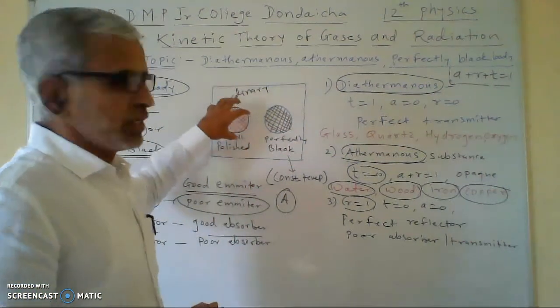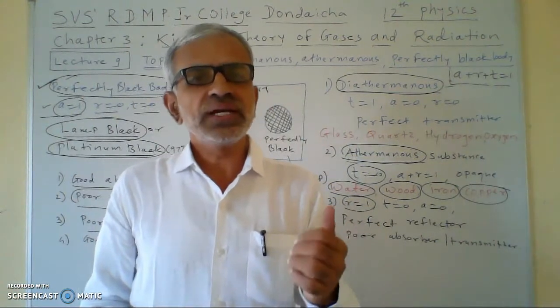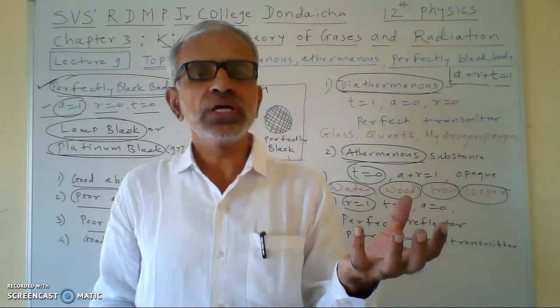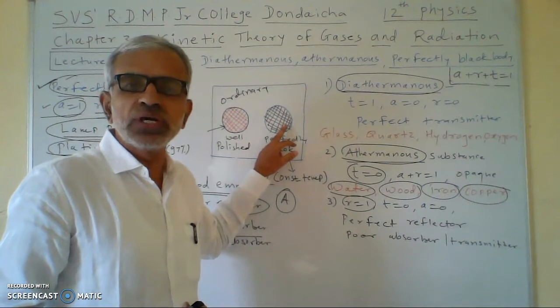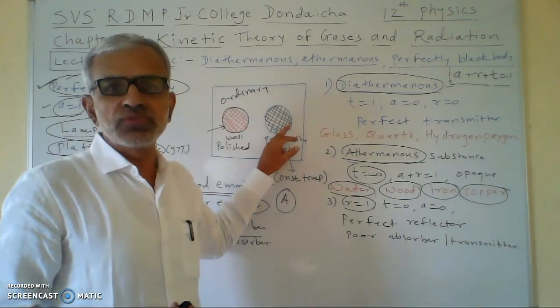The quantity of heat incident on the body is either reflected or absorbed. If the body is a perfectly black body, it is a poor reflector and a good absorber.